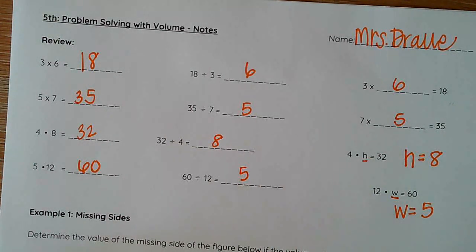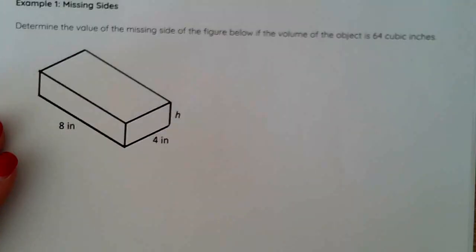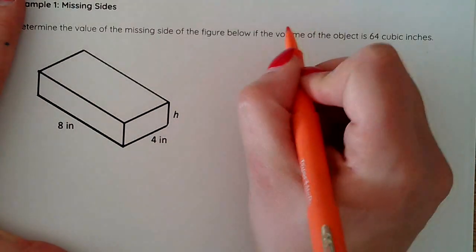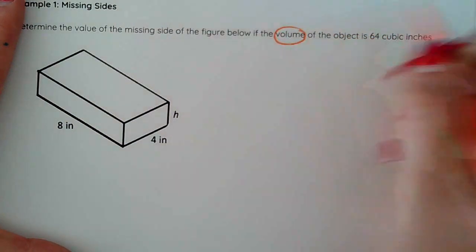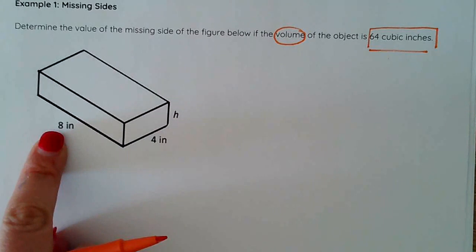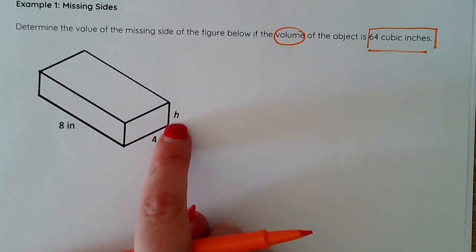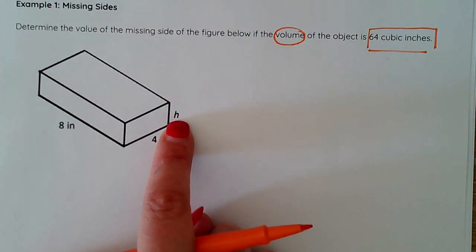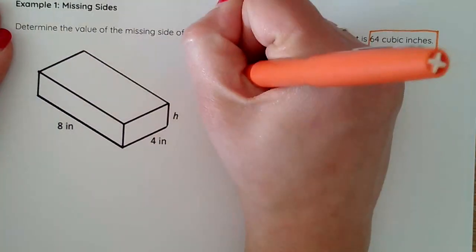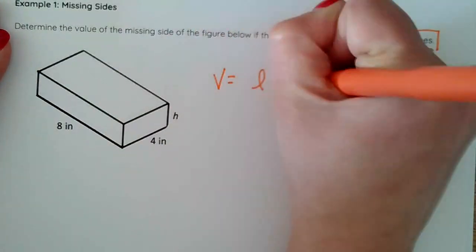So let's get started. If I go down, it says, determine the volume of the missing side of the figure below if the volume of the object is 64 cubic inches. So I have my volume already. What I'm missing is my height. Instead of having a number here, I have the letter H. So I set up the same way I've been setting up before.